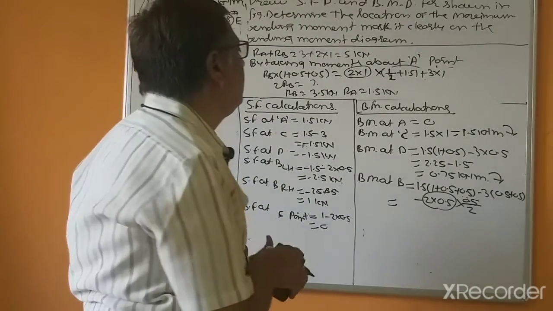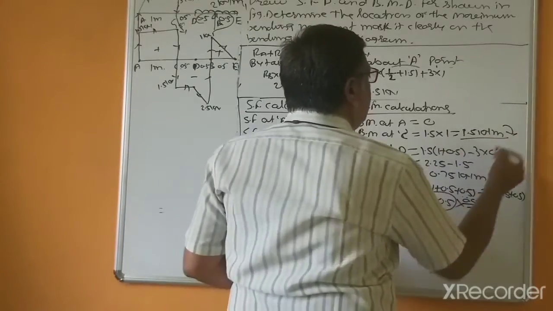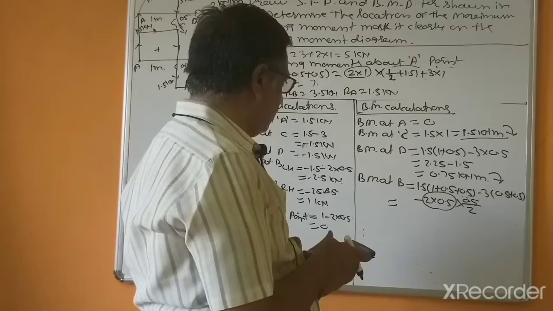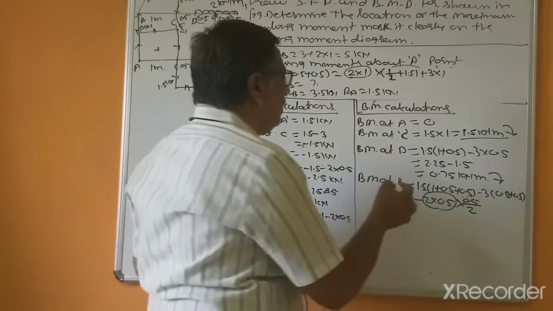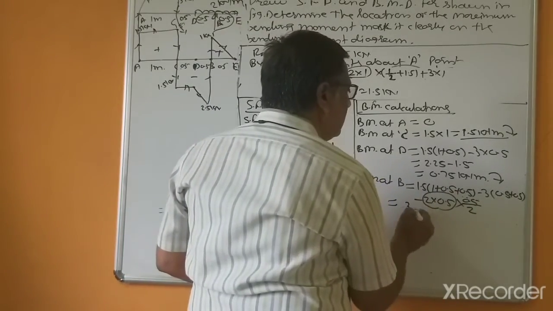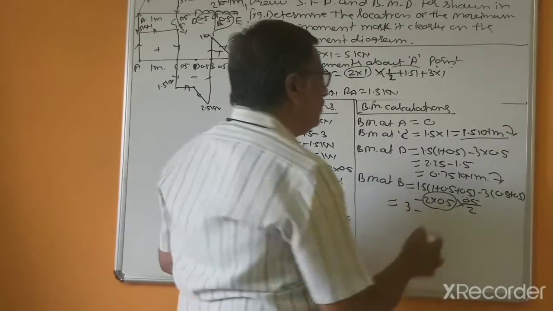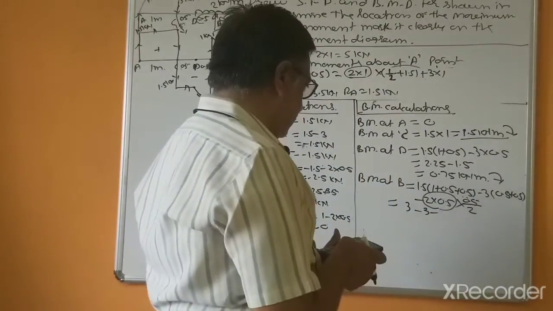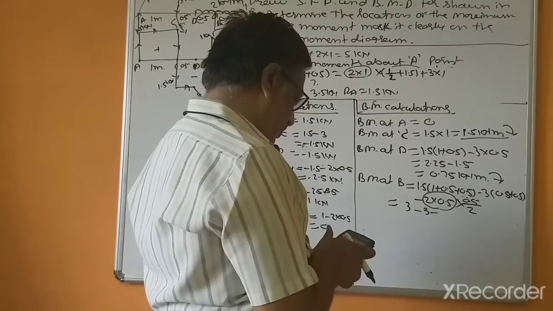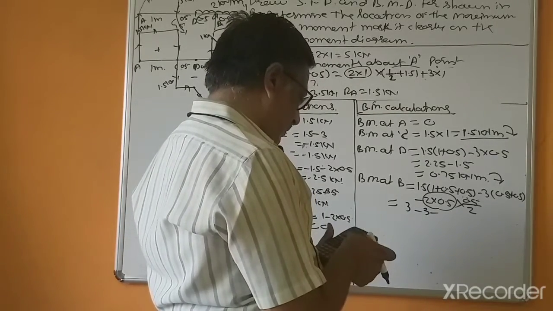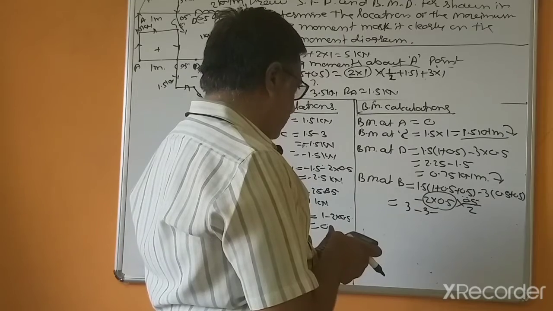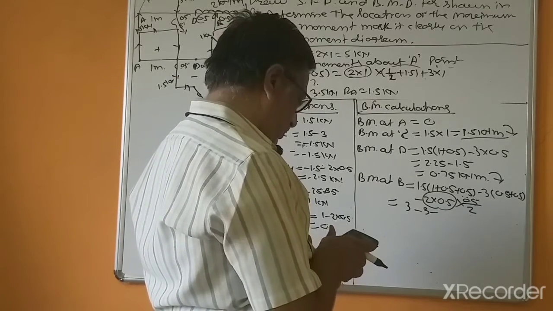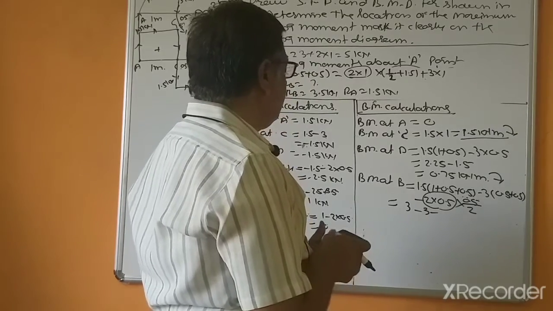At C point, this is 1.5 kilonewton meter, 1.5, this is 3, minus 3 minus 2 into 0.5 square divided by 2, 0.25.